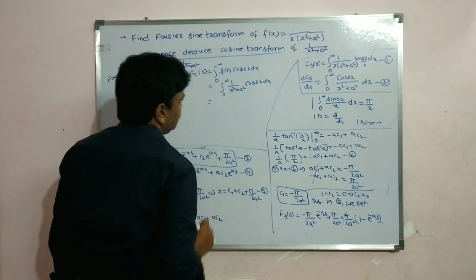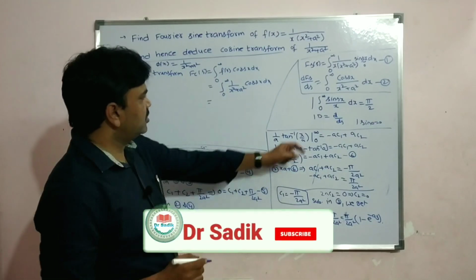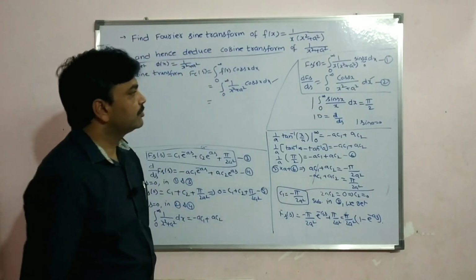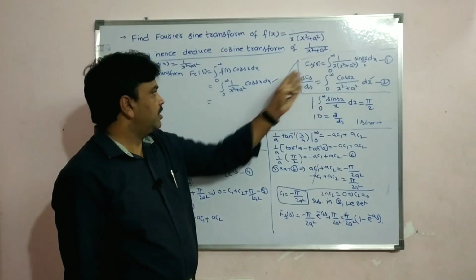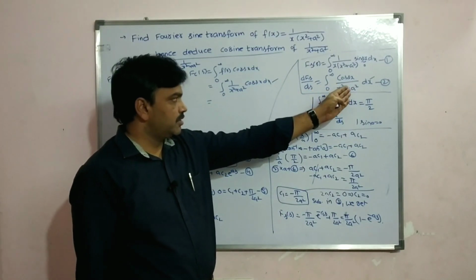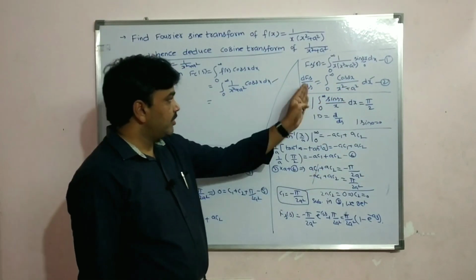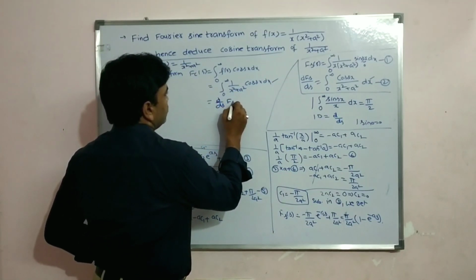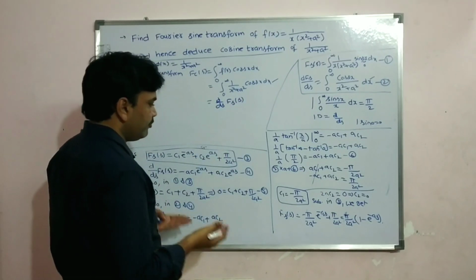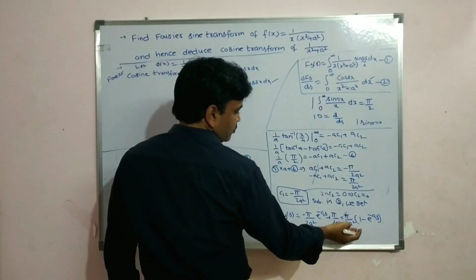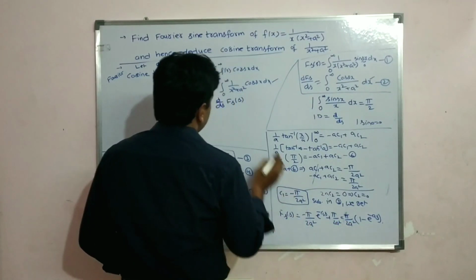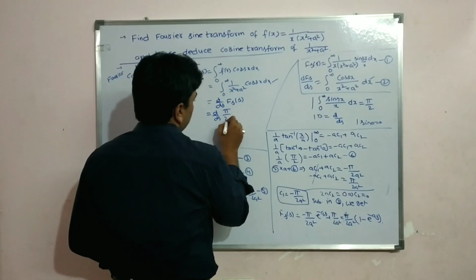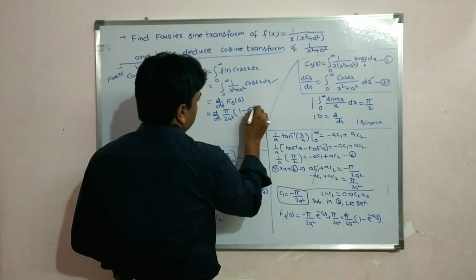That is equal to the integral 0 to infinity cos sx/(x²+a²). So what is the value of d/ds of Fs(s)? What is the Fs(s) value? d/ds of Fs(s) is π/2a² into (1 − e^(−as)).